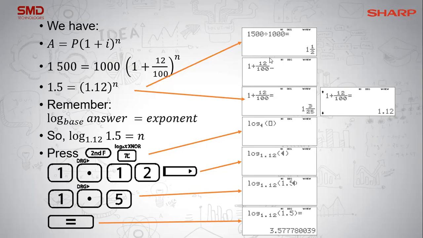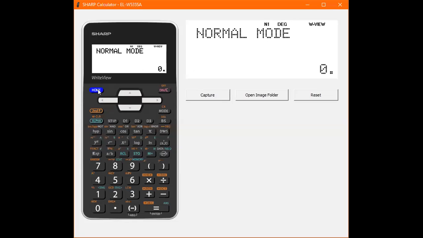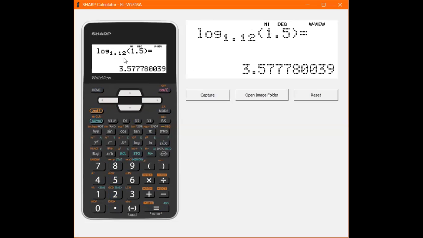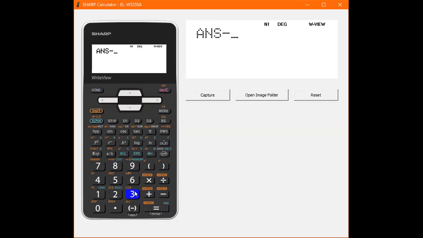Now, I want to show you this very quickly because it is an important thing to know. If they want to know years and months, okay, so I'm going to say second function log, and we've got 1.12 and 1.5 and equals. So that gives us that answer, right? Now, if we subtract the 3 years, we're left with what ratio of the year we have.